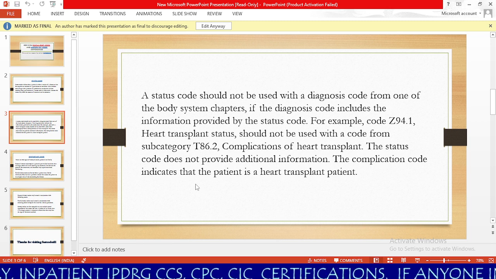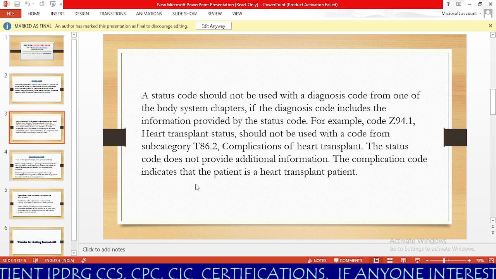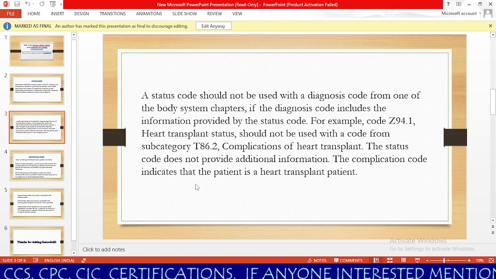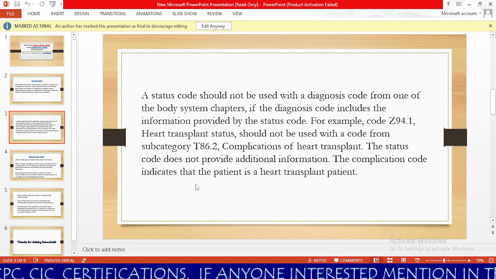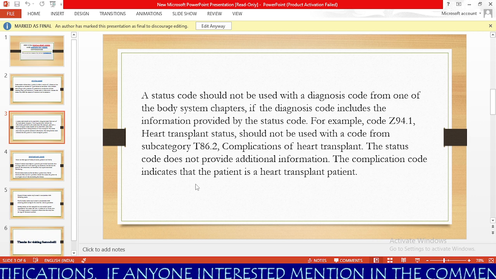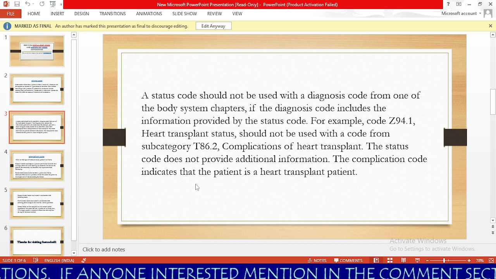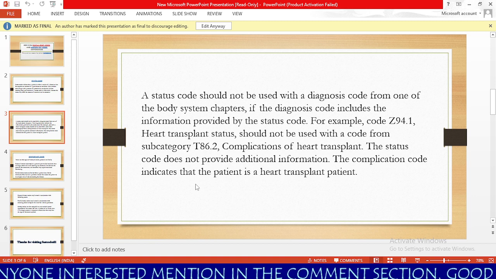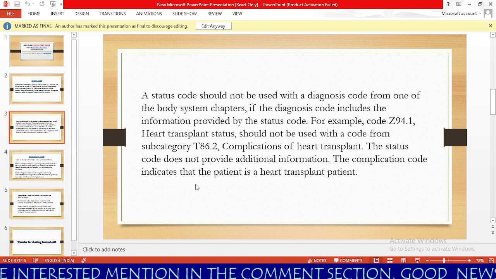For example, we have one code for complication of heart transplant. Here we will code the T86.2 series code. Here we can't apply a status code like Z94.1 heart transplant status, as complication of heart transplant is already mentioned in T86.2.